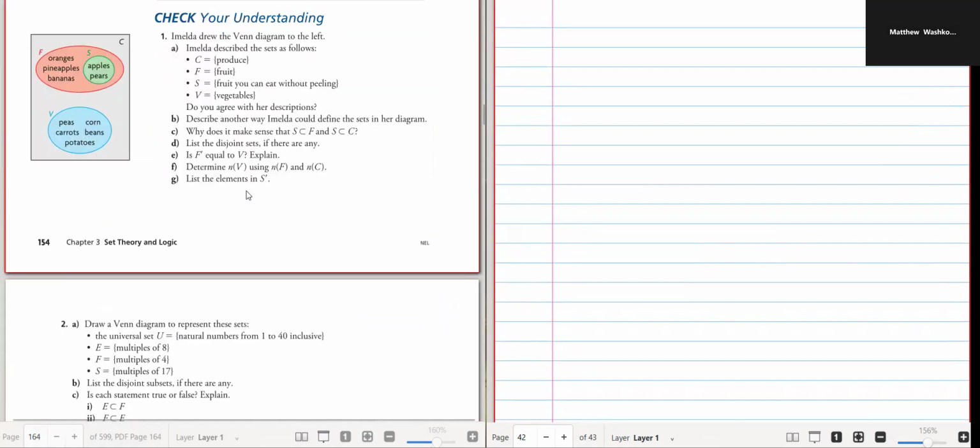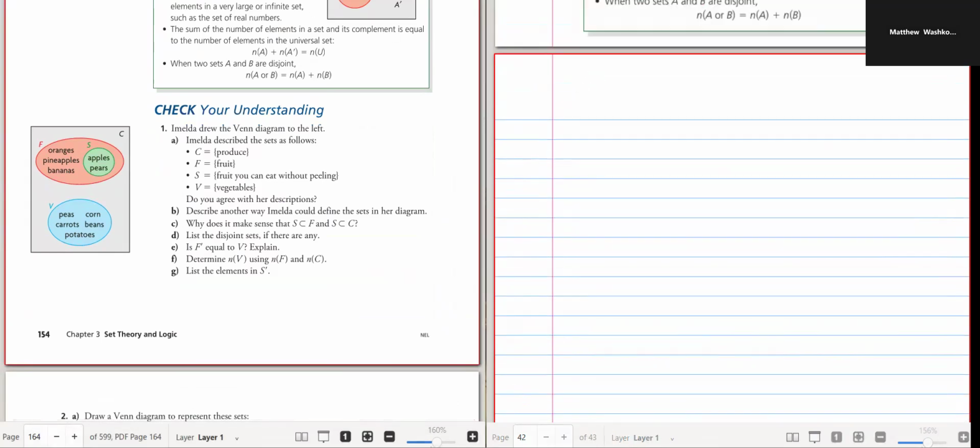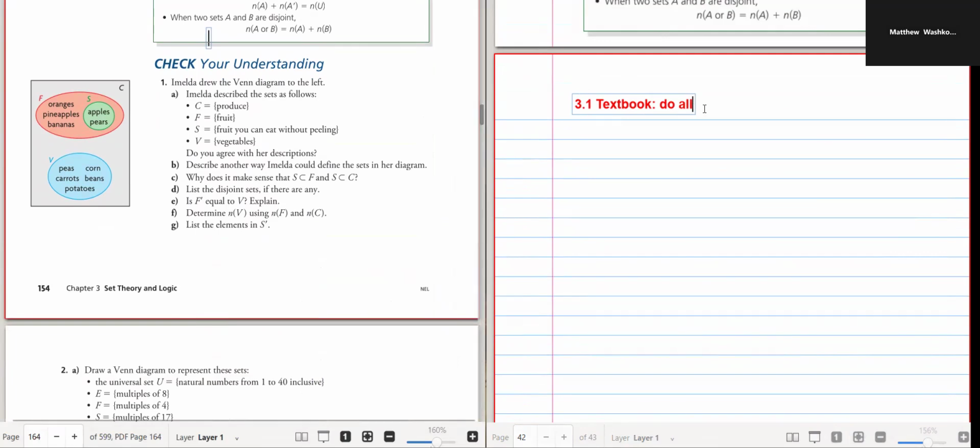All right. So in terms of the questions to do for your textbook, 3.1 textbook, you know what? Do them all if you can. Refer to the examples above. There's example 2 and example 4 we didn't actually go through, so do all of them in your workbook.